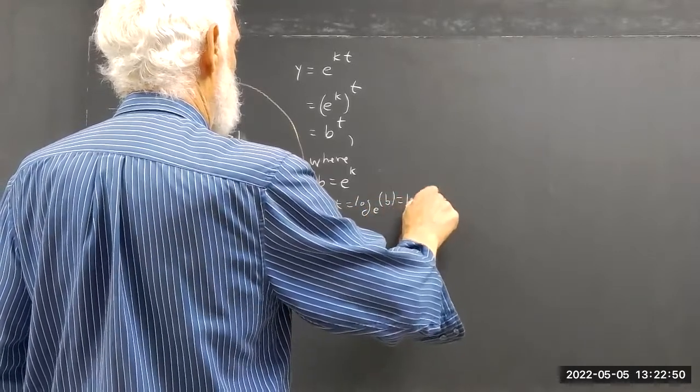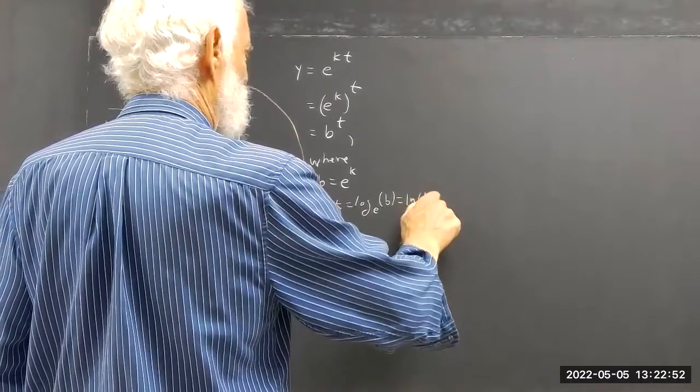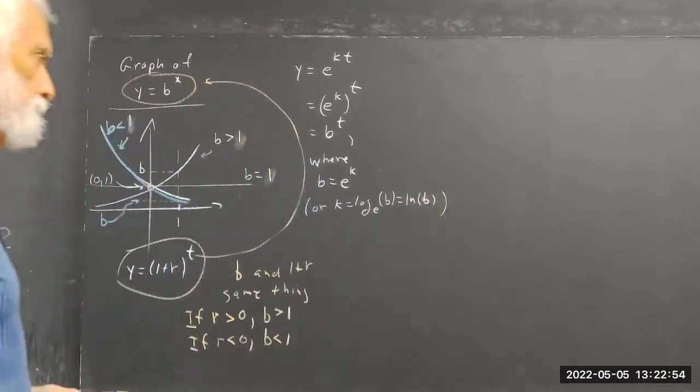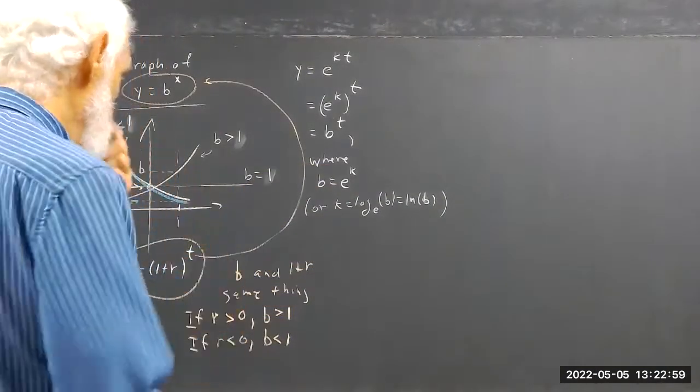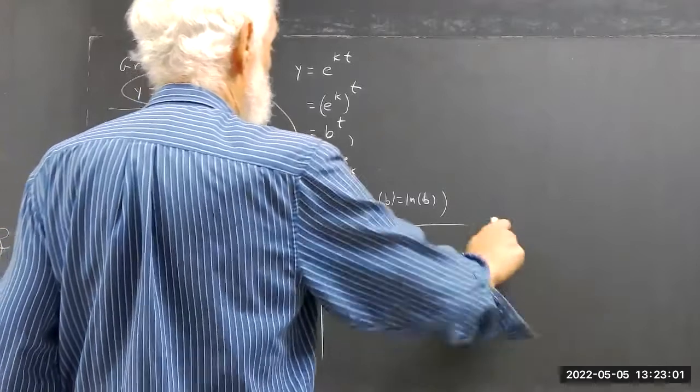And that's what you call the natural log of b. Okay, well, that kind of brings us around to what you do with exponential equations.